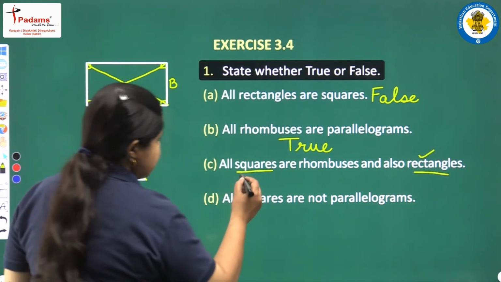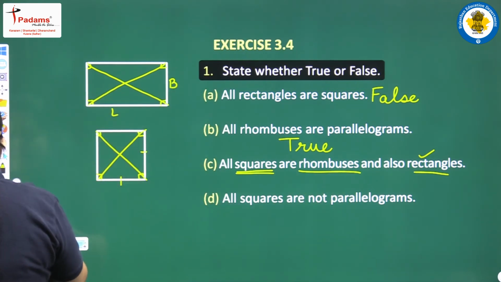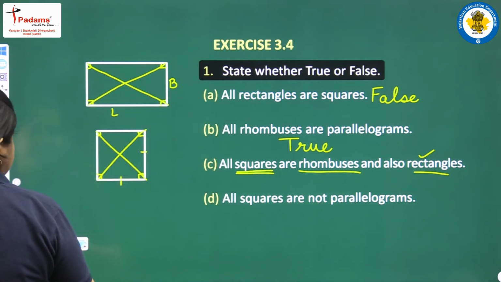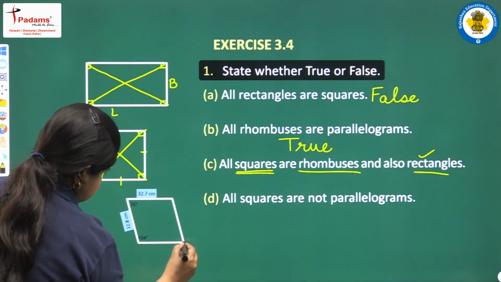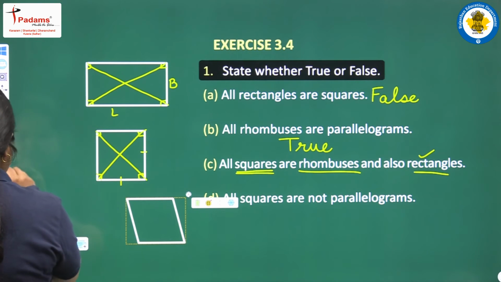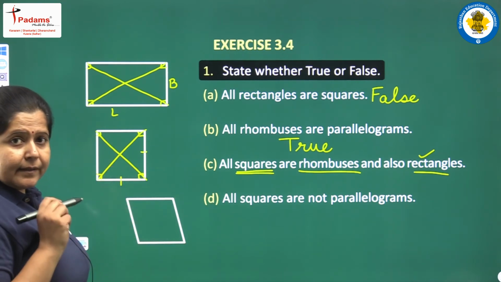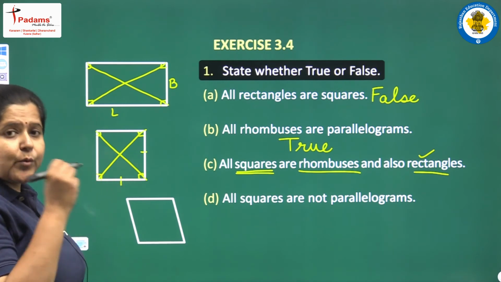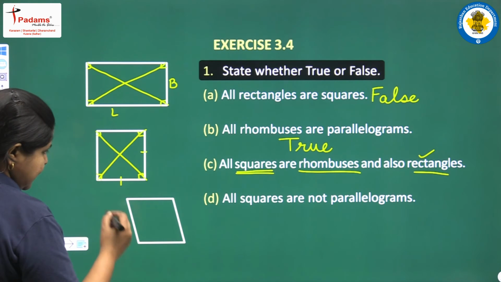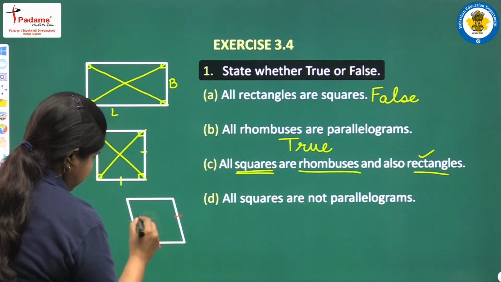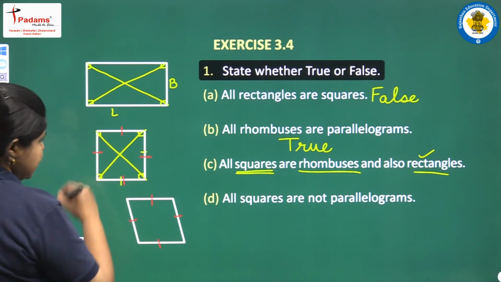Now, we examine squares and rhombuses. Let me draw one rhombus. This is a rhombus. Now, what are the similar properties between square and rhombus? You can see that in a rhombus, each side is equal, and in a square also each side is equal.